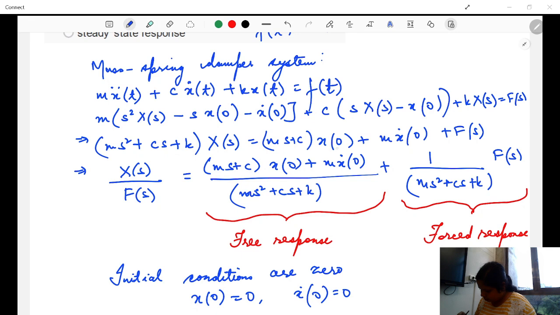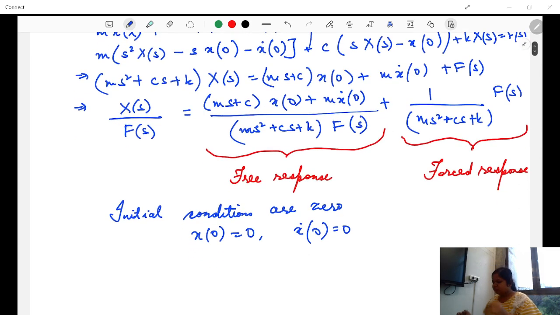So when I take this, yes, in the transfer function, F(s) will not be there, madam.